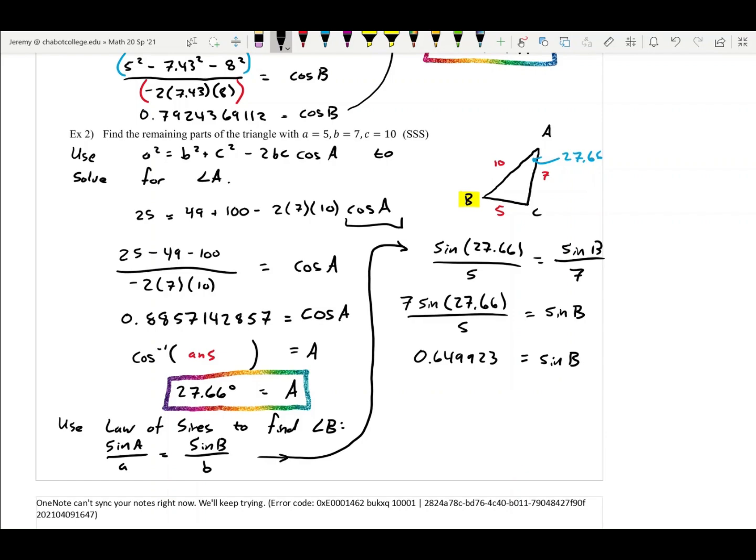I'm just going to use the answer button on my calculator because I'm going to look at sine inverse of that number. And what I get from that is about 40.54 degrees. That's just rounding off to the nearest hundredth of a degree. So there's my angle B.